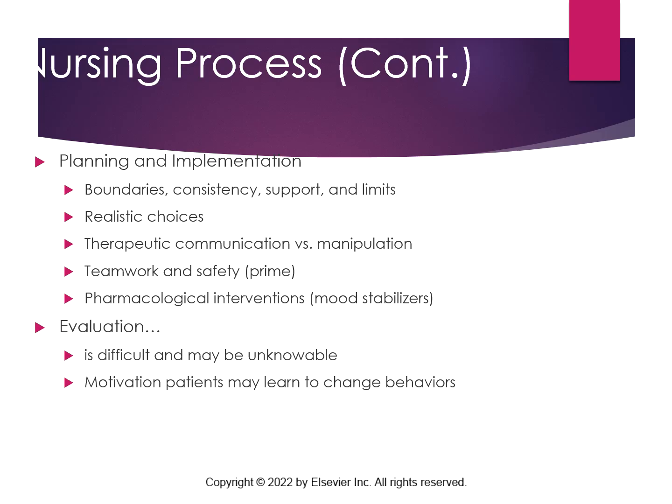We need to make sure that we're using therapeutic communication, but also that they are responding with communication that is honest. And the only thing that we can do is not to give in to the manipulation usually. Teamwork and safety is very, very much a priority.